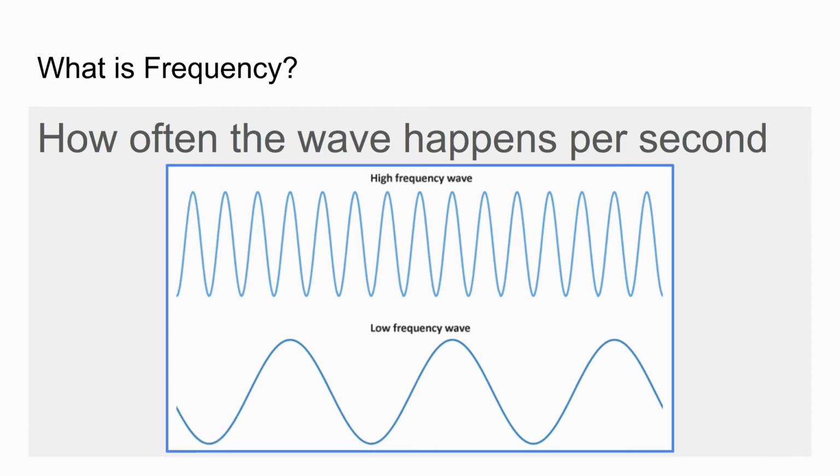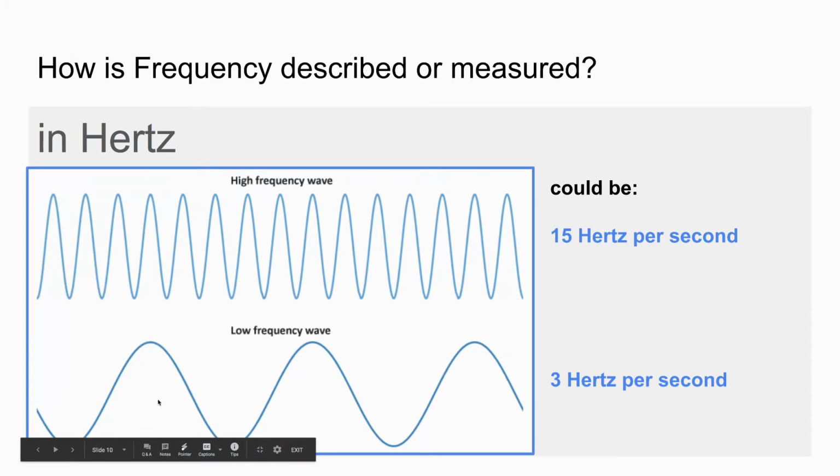It is happening less frequently in comparison to the high frequency. We describe or measure it in something called hertz. And so it would be per second. It could be as simple as counting the number of crests per second.